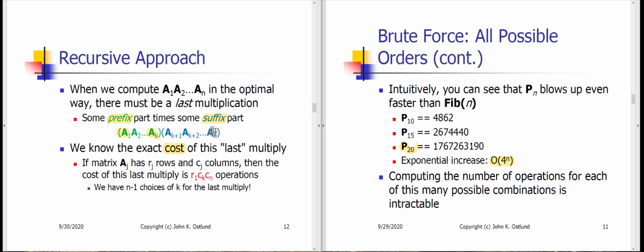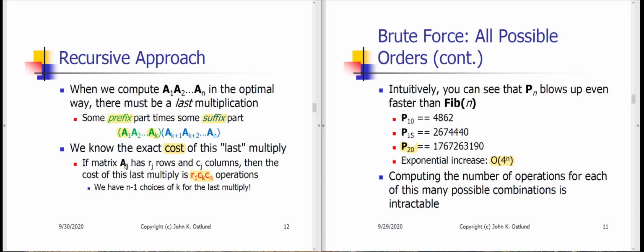And finally, we have the number of columns of AN. So without knowing anything about the cost of multiplying A1 through AK, and without knowing anything about the cost of multiplying AK plus 1 through AN, we do know that that very last multiplication we have to perform is going to involve the number of rows of A1 times the number of columns of AK times the number of columns of AN.